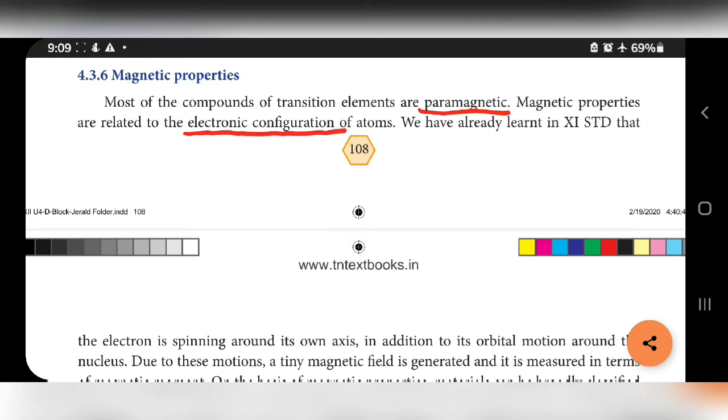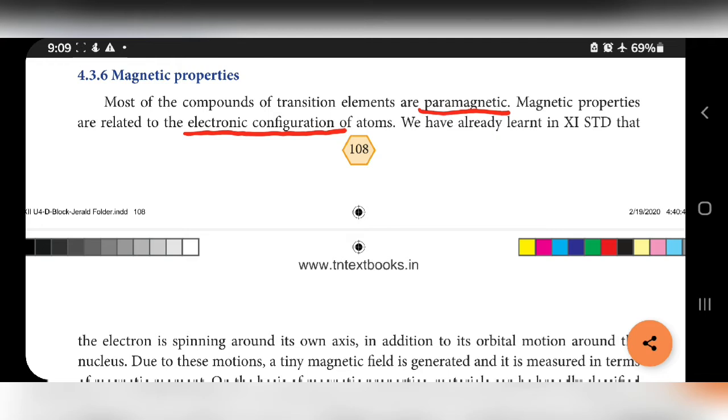We have already learned in 11th standard that the electron is spinning around its own axis, like the earth. The earth revolves around the sun and also rotates on its own axis; like that, the electron is spinning around its own axis, in addition to its orbital motion around the nucleus.